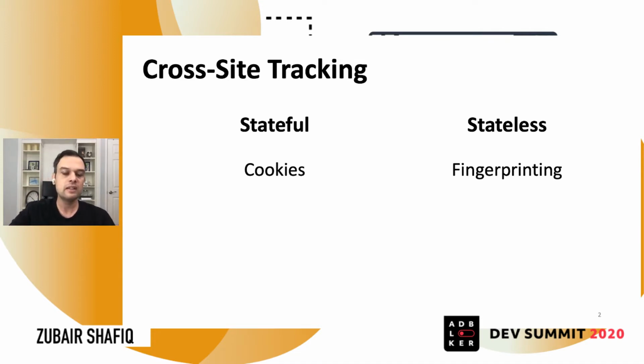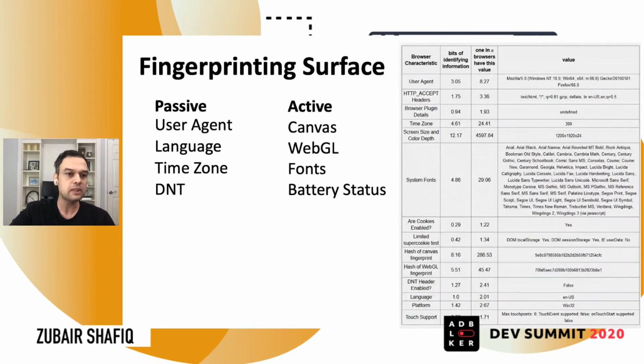Now, fingerprinting can happen in several different ways. At a high level, these can be categorized into two types. The first one is passive fingerprinting, where the server passively gathers distinguishing information at the server side. This information is primarily gathered from HTTP headers.